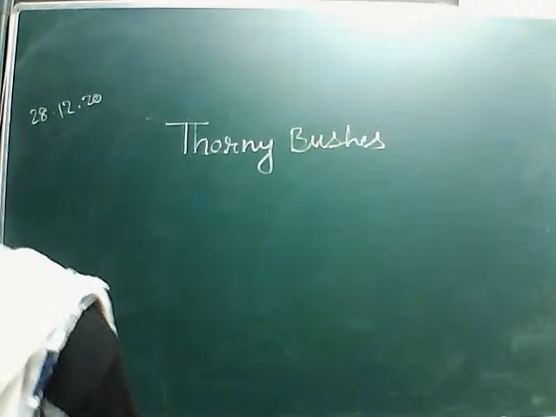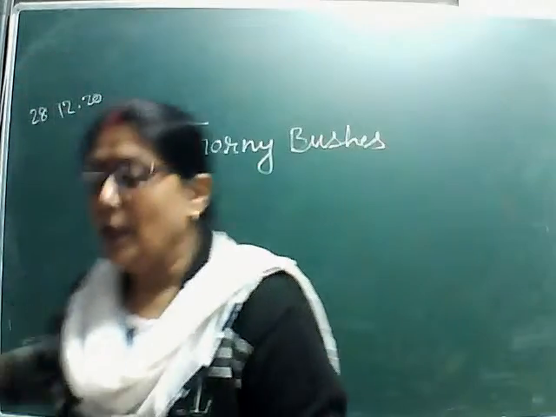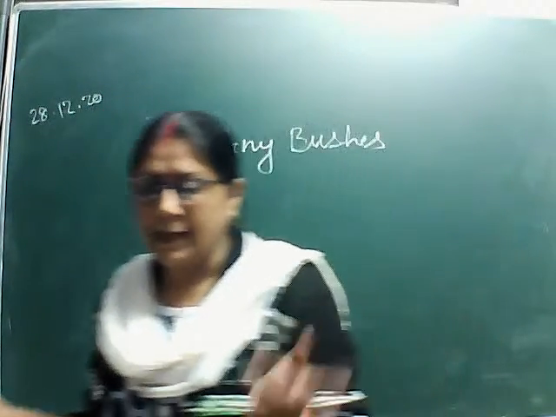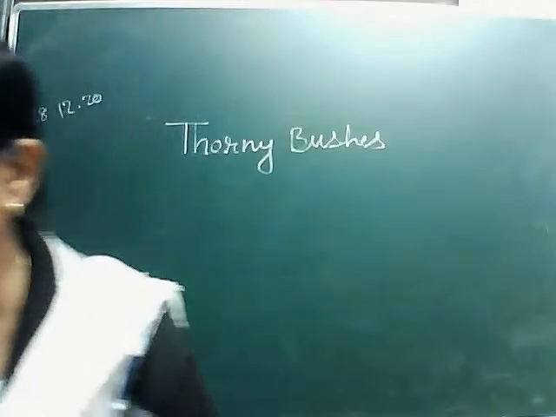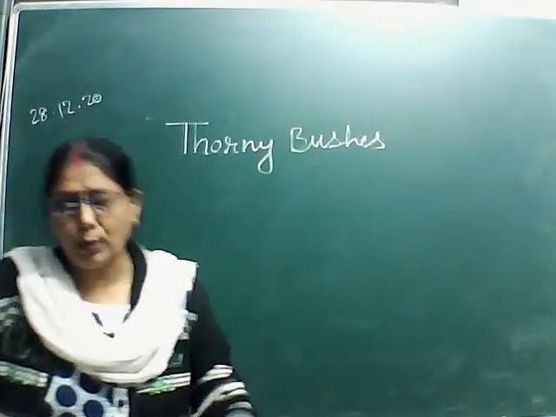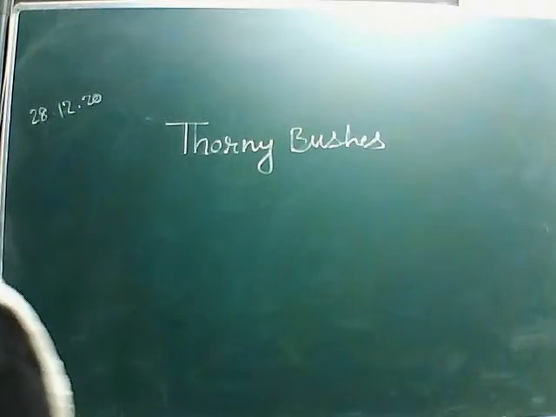This is also one type of forest, right? This is bushes, but thorny bushes. This is also forest, like tropical rainforest and tropical deciduous forest. Similarly, thorny bushes is also one type of vegetation.